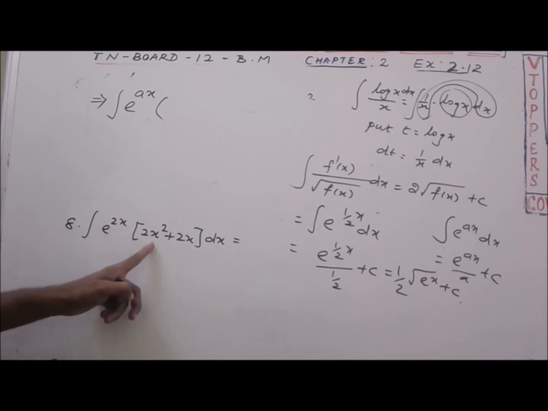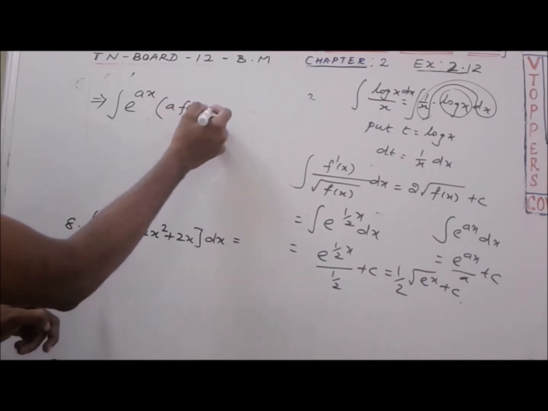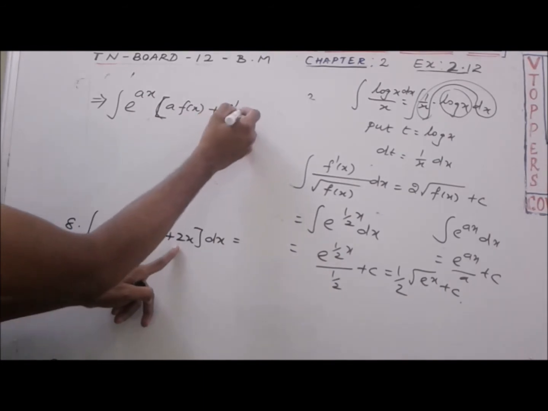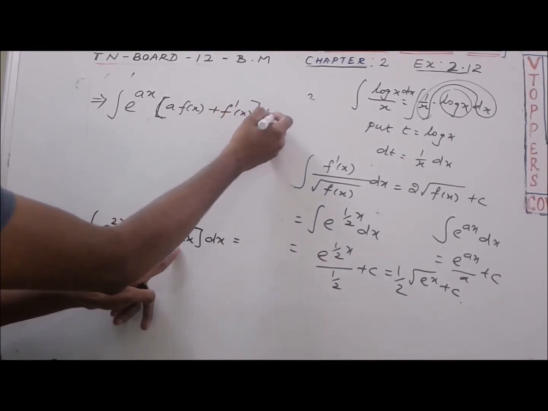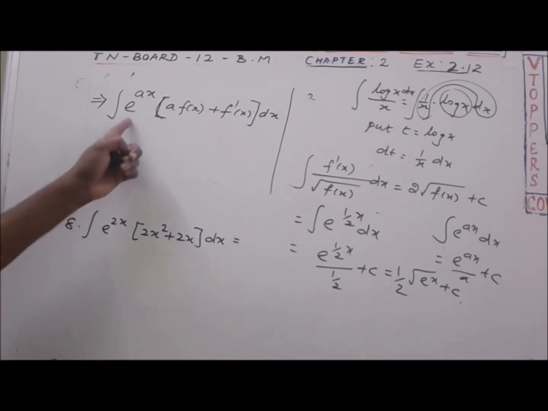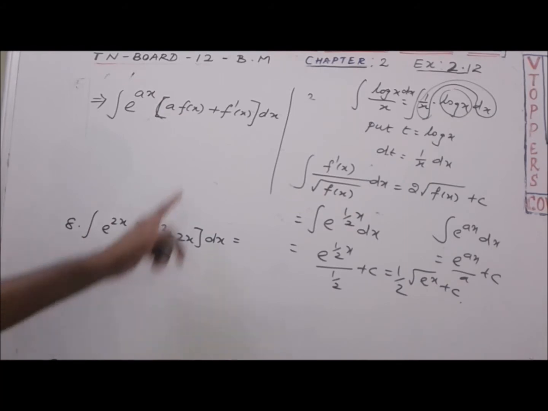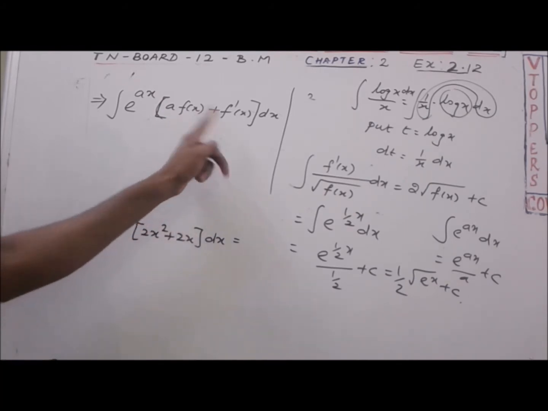Here we take a into f of x and its derivative f dash of x. This is in the form of e power ax, a into f of x plus f dash of x, where f dash of x is the derivative.